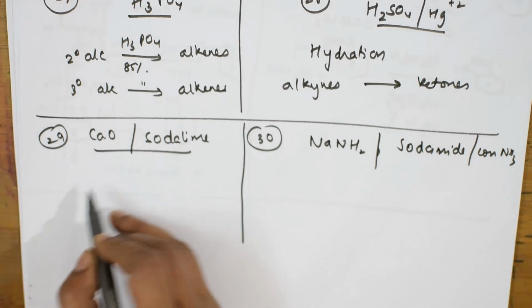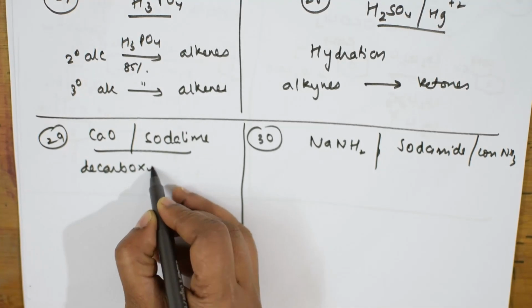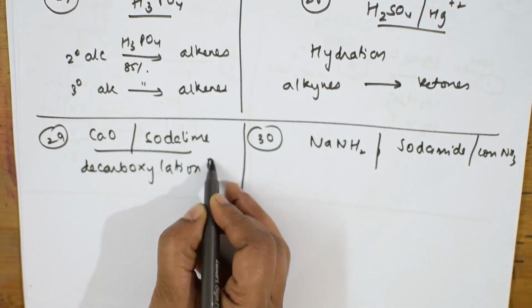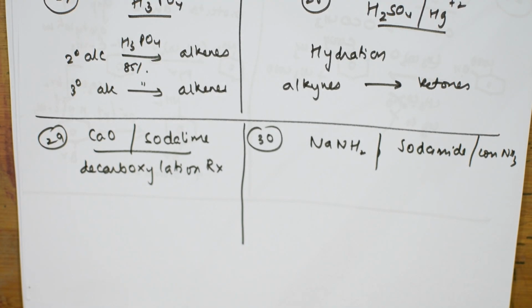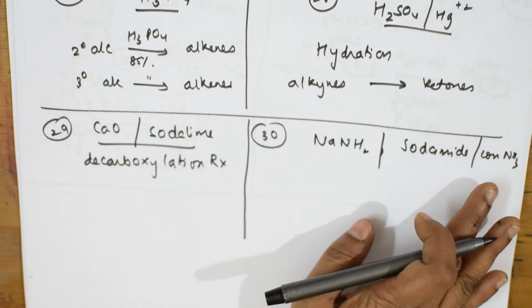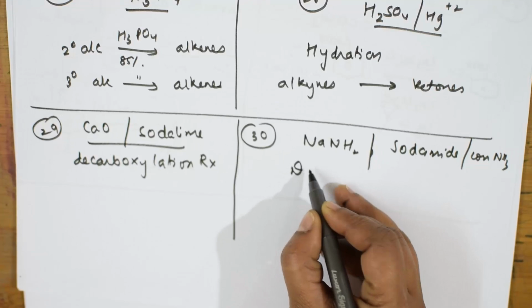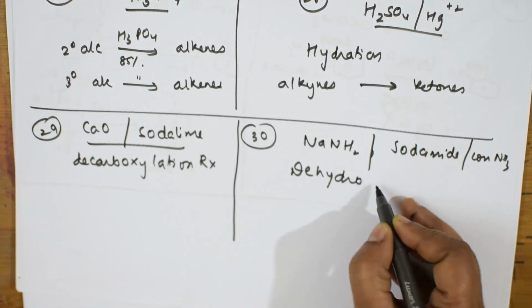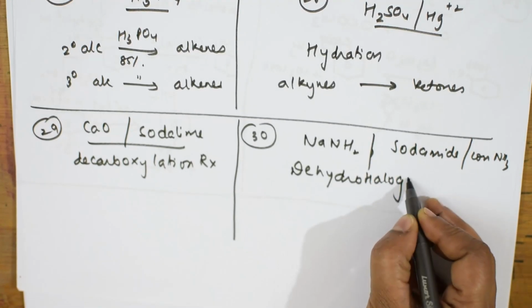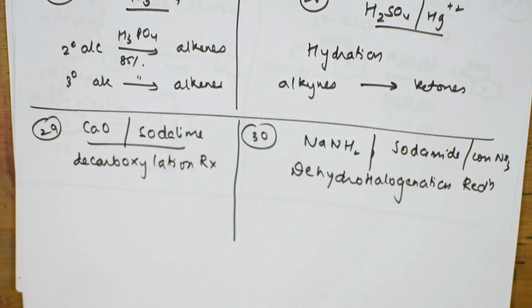Whenever you have soda lime, the reaction is called a decarboxylation reaction. Remember this. If you have sodium amide or sodamide in concentrated ammonia, then this type of reaction is called a dehydrohalogenation reaction. Basically, this is a decarboxylation reaction and this is a dehydrohalogenation reaction.